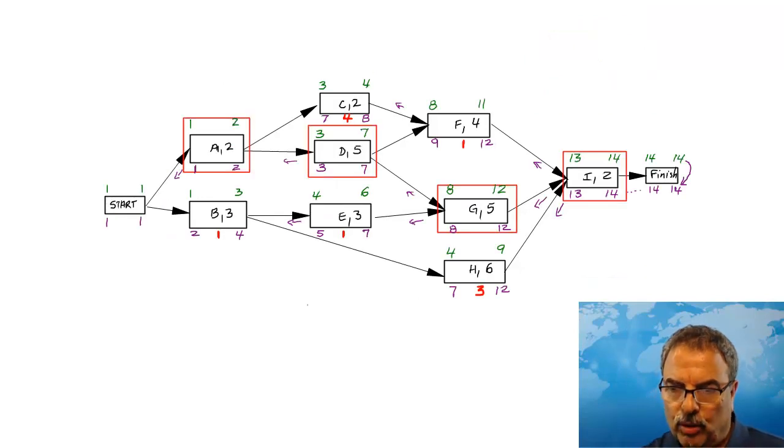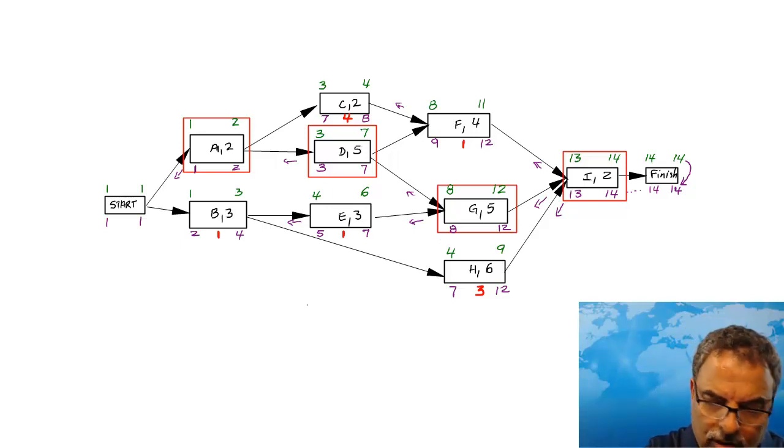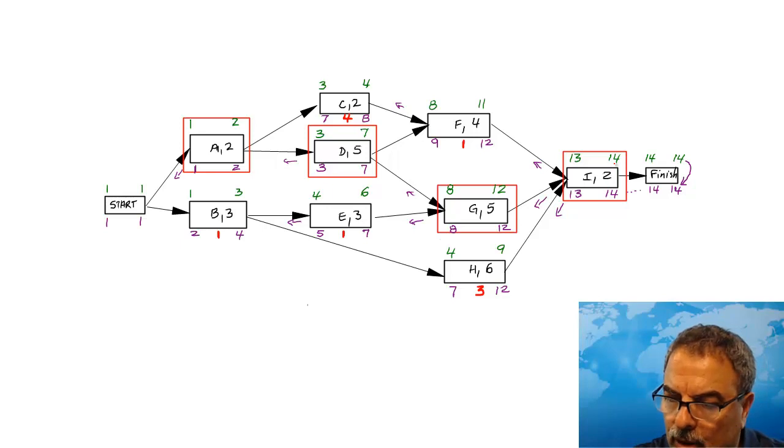And here is the solution. It should look like this. As you can see, the red tasks are the critical tasks because they're the ones where the difference between this value and this value, this one and this one, is 0. So I have 0 slack there.